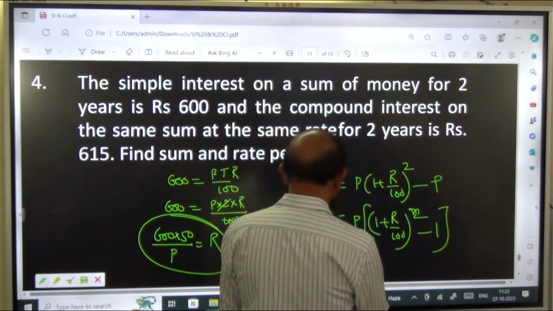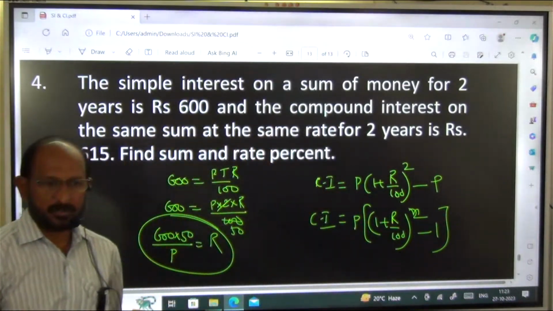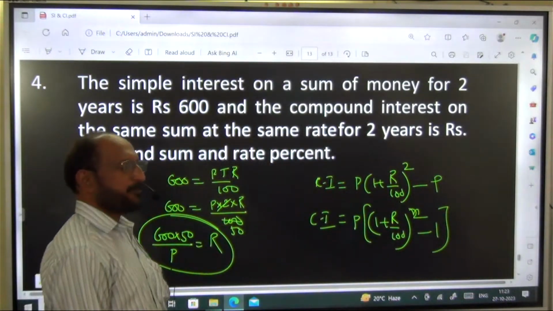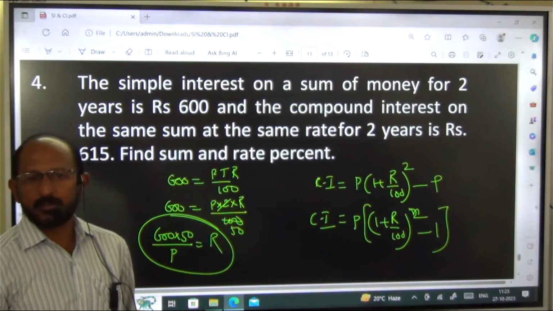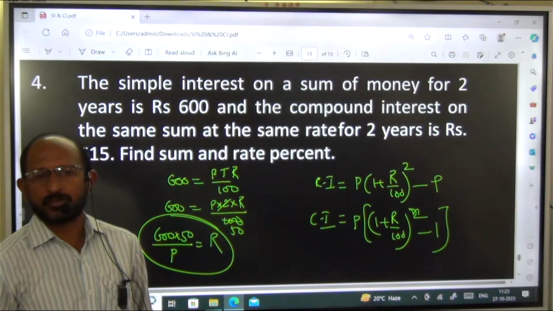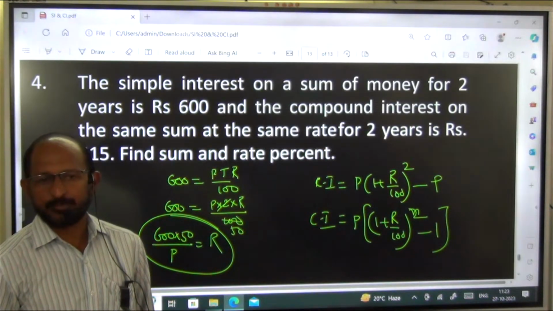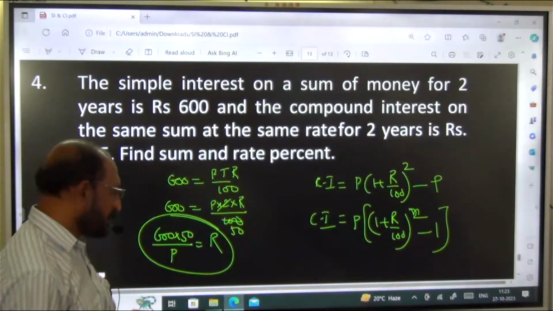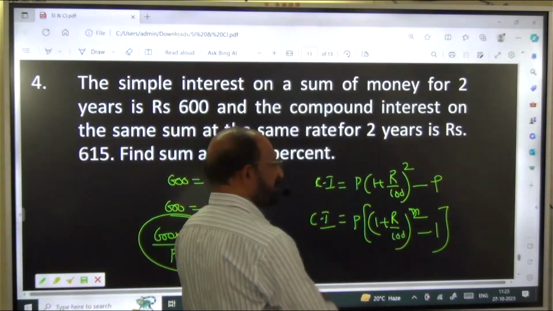This is the compound interest. Same rate. If this rate is applied here, we'll get the answer.